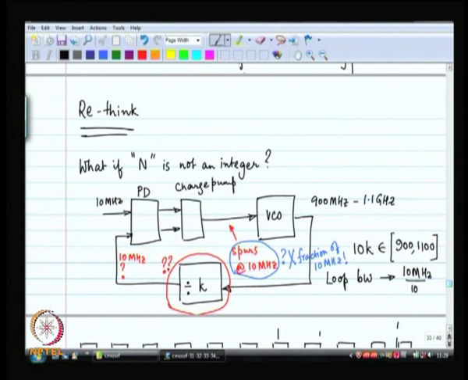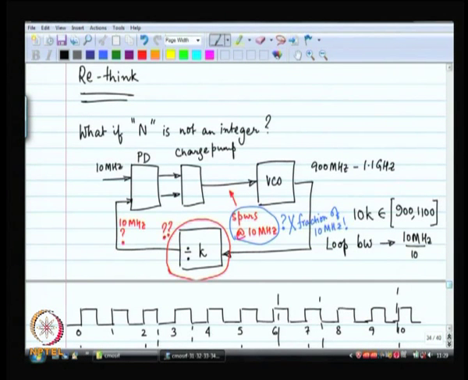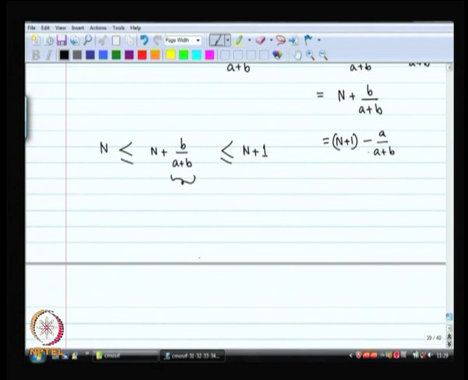I want to be able to divide by k ranging from 90 to 110 with the first decimal place. So, can this go from 90 to 110 in steps of 0.1?